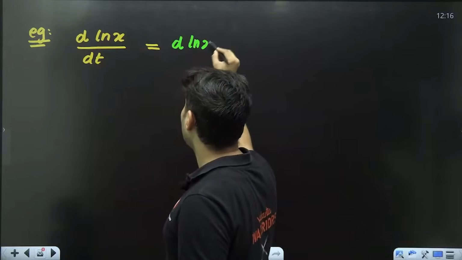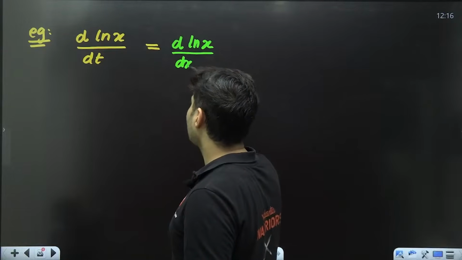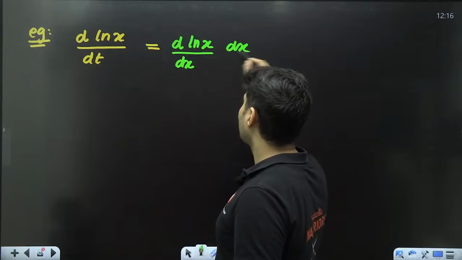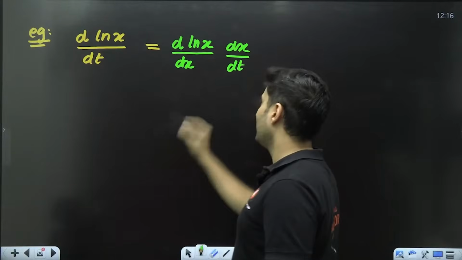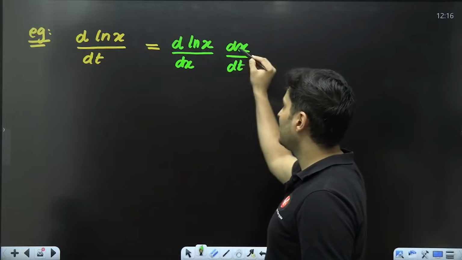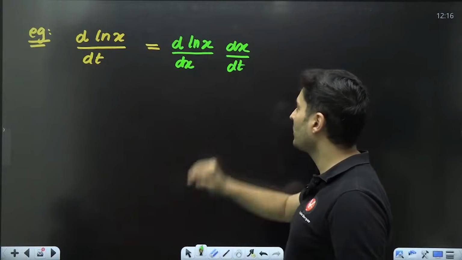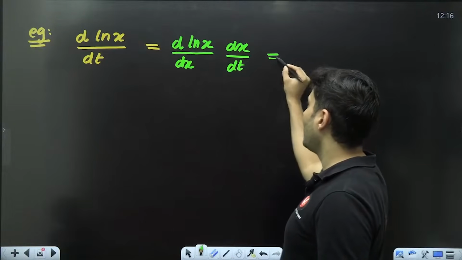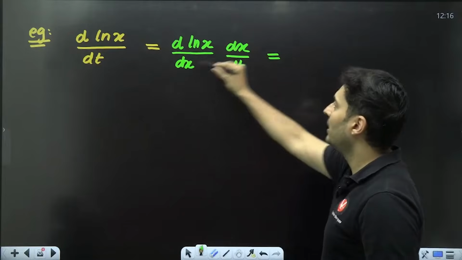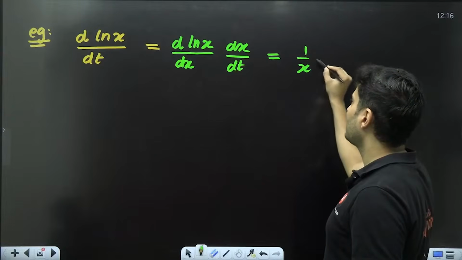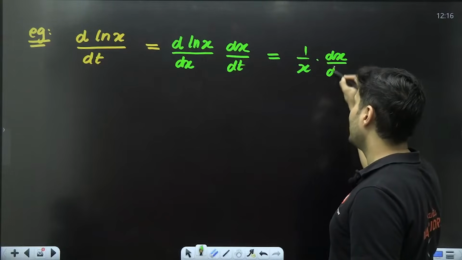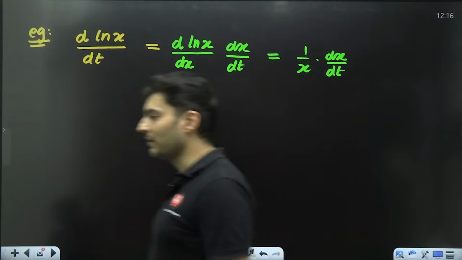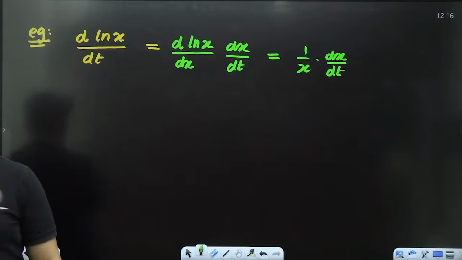So d ln x by dx, into dx by dt. This is forming a chain. Perfectly fine. So hence the answer for this question will be derivative of log of x, which is 1 by x, into dx by dt. Just leave it as it is over here.